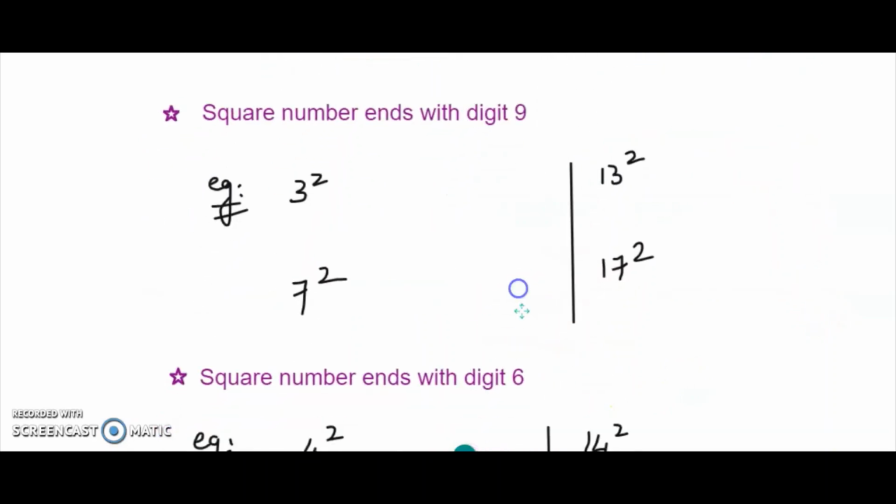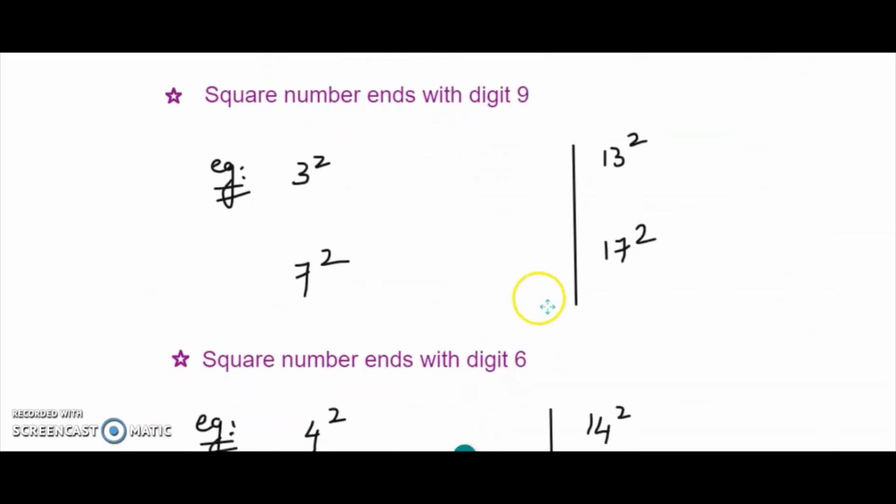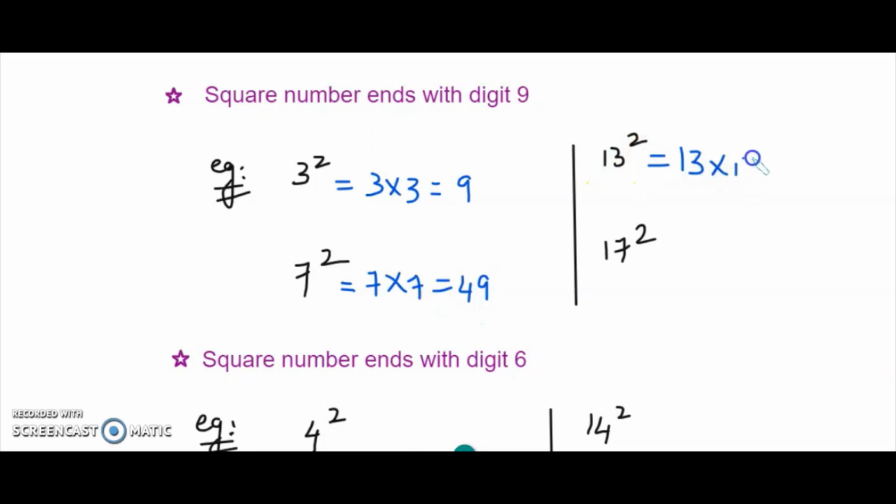Next, a square number ends with digit 9. Okay, so if a number which we want to square ends with digit 3 or 7, then this perfect square will end with the number 9. So 3 square means 3 times 3, which is 9. 7 square is 7 times 7, which is 49. 13 square is 13 times 13, which is 169.